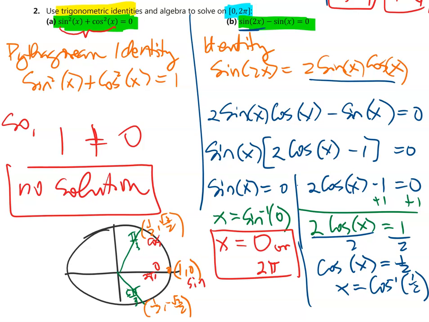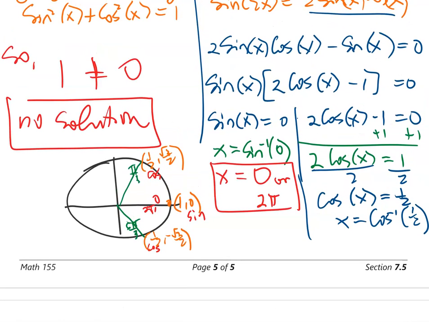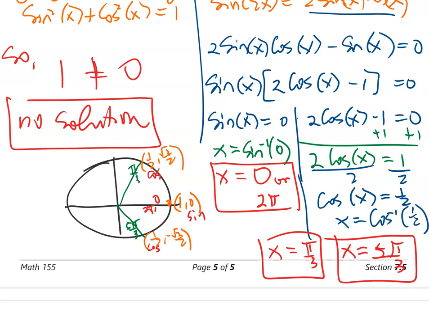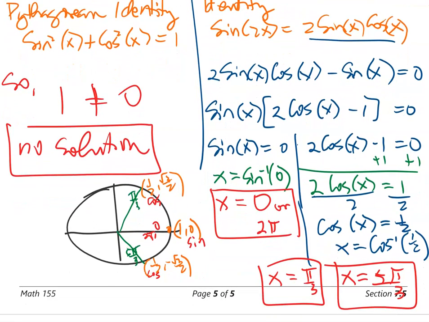And cosine of 5 pi over 3 is also 1/2. So we can say that our x is equal to pi over 3 and also 5 pi over 3. Okay, so these are the answers for this problem number 2, letter B.